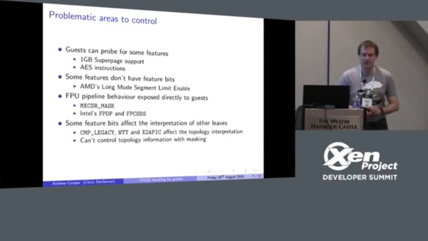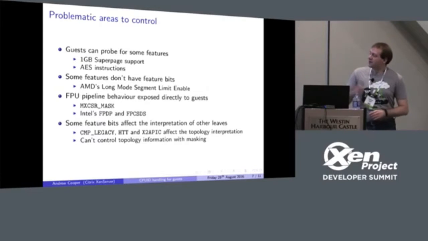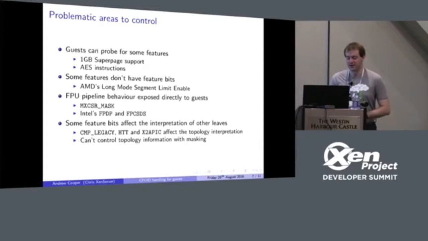Other bits are, so three bits here: Comp Legacy, Hyperthread, and X2APIC. We can control those in masking. That's fairly easy to do, but they specifically affect how you interpret other information in CPUID.